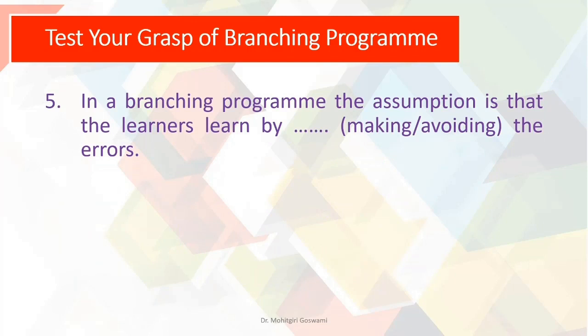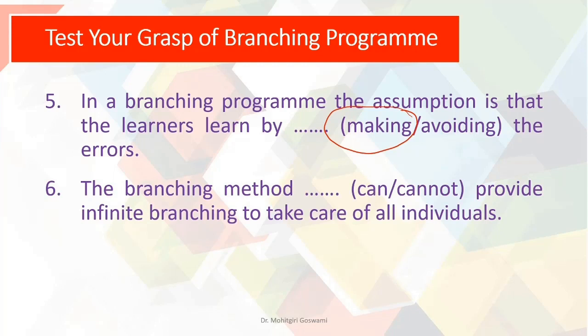In a branching program, the assumption is that the learners learn by blank the errors. Exactly, by making errors. Because if the learner makes an error, then he will be redirected to the subframes which are already made. So the assumption is that the learner will make errors and learn the topic.